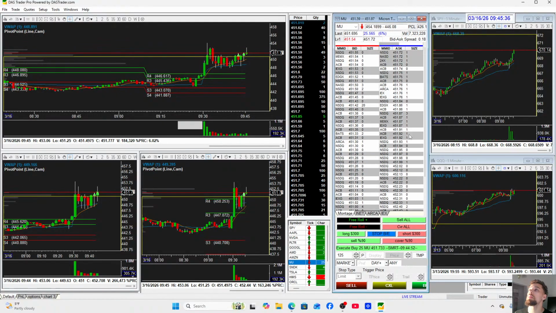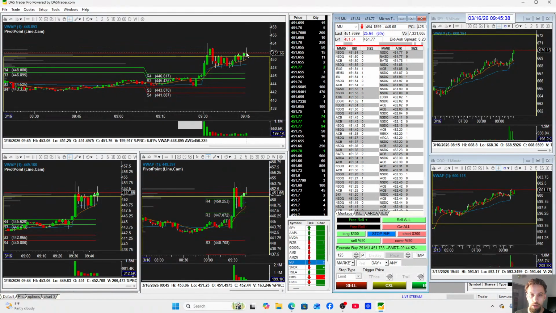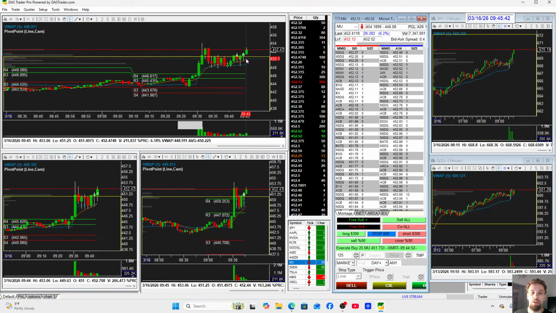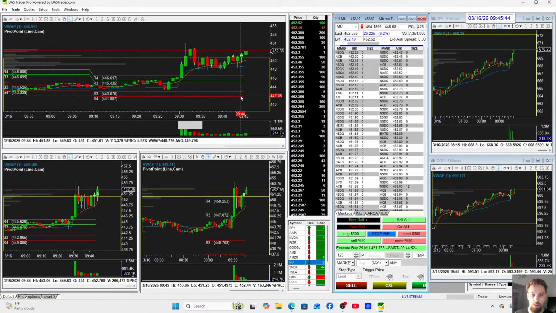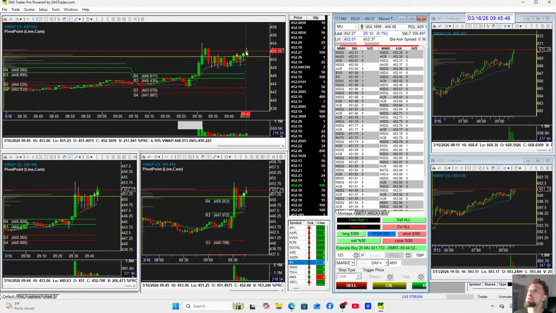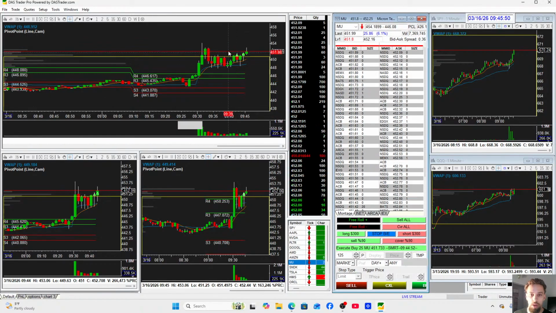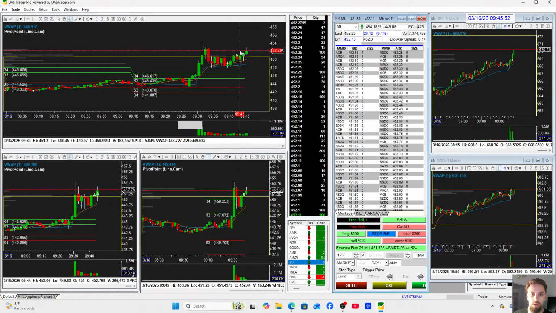I need to see some heavy buyers step in here. We started to buy up, got sold off. So 455 is a good target area to take some profit if we can get there.